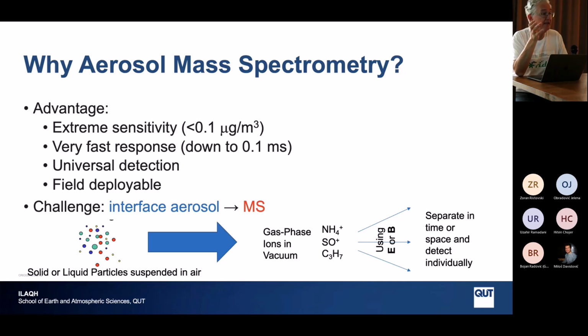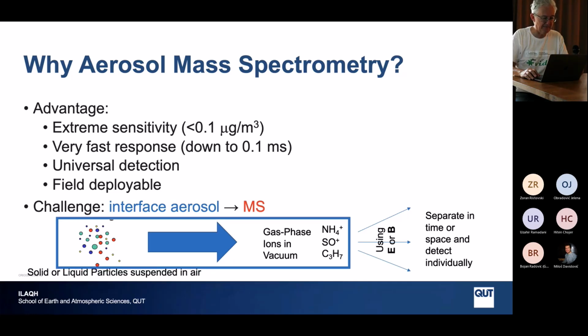So you can take them to the field and do continuous real-time measurement of the composition. That will give us a lot of information on the dynamics or continuous processes occurring during the day or night with significant time resolution.